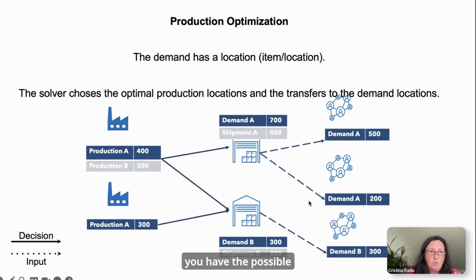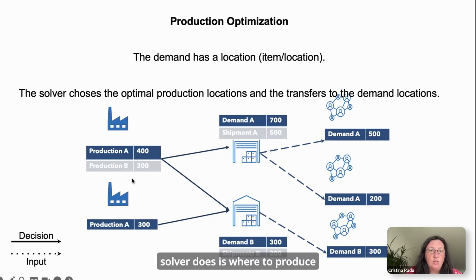You have the possible transportation lanes. So this comes as an input in the solver, which means that the demand is on the distribution center, on item location, or it can be on the plant as well. The idea is that the demand is not on the customer.